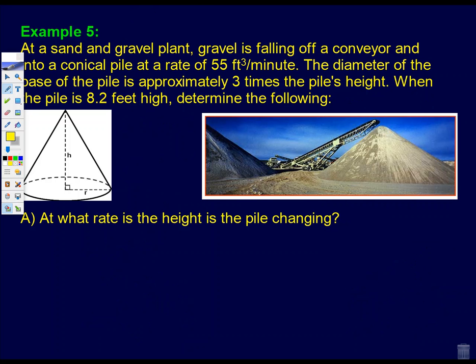So here we have a problem about a gravel pile. Now, you may not have been to a rock quarry before, but you have probably witnessed a situation like this on a much smaller scale, like at a beach, where you dump sand out of a bucket and it forms a pile the shape of a cone. And every pile of gravel has its own proportions.